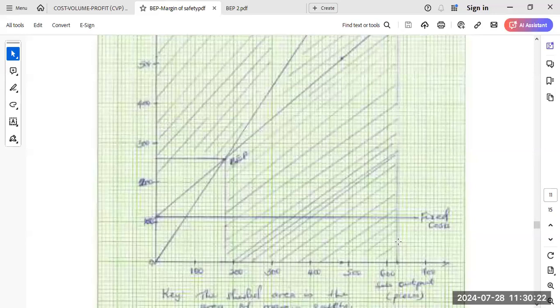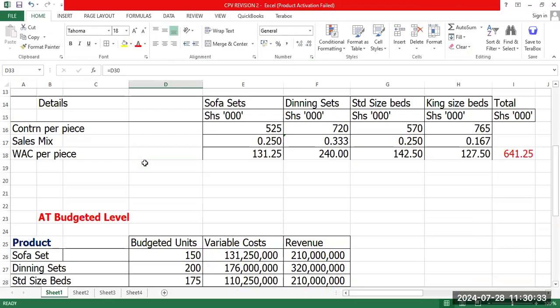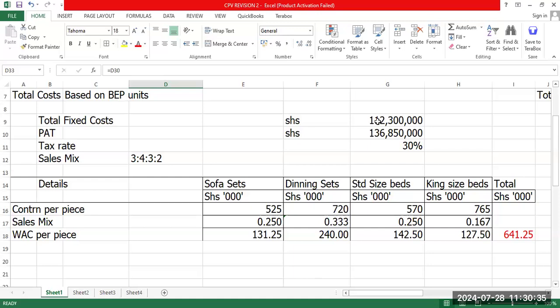Once you're done with this vertical line, go and handle fixed costs. Remember, fixed costs are just these ones. You are looking for this one on the vertical axis.